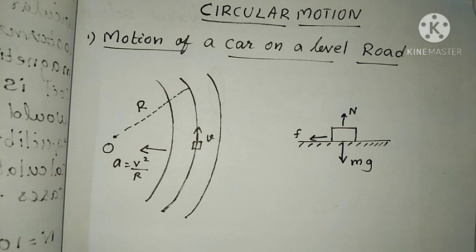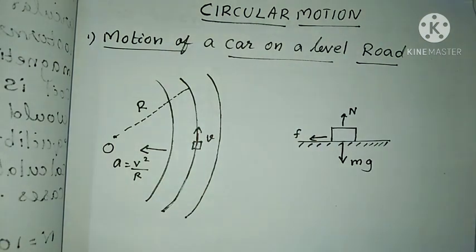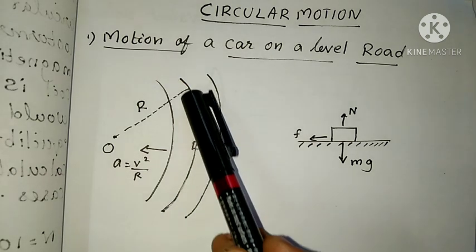If you increase your speed, then what happens here? The car will move away from this circular path. So we want to find out the maximum speed of the car to take the circular turn.